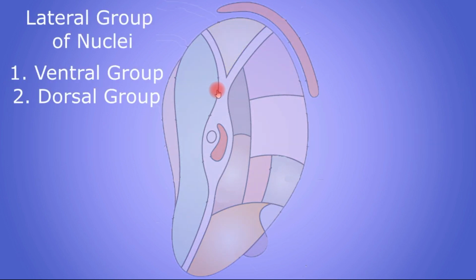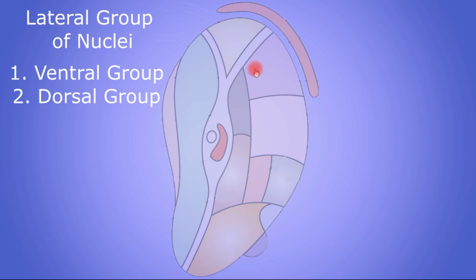Now coming to the lateral group of nuclei. This lateral aspect of the thalamus is further divided into two subparts, that is the ventral group and the dorsal group.